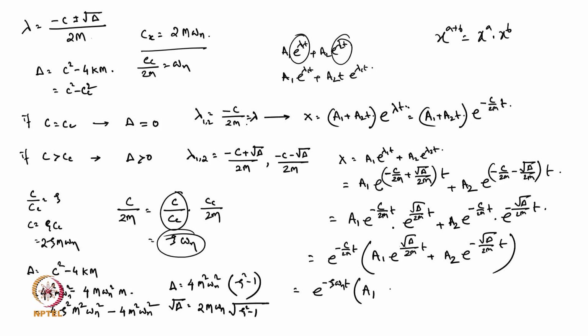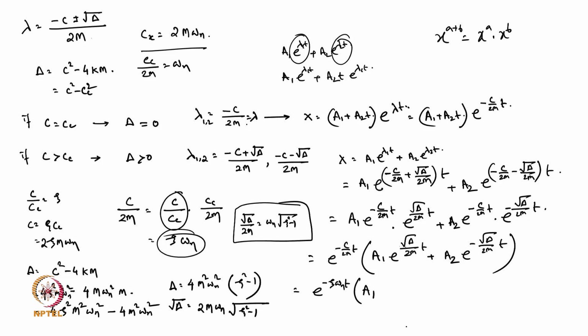So e to the power of, and here once we are substituting it, we can see that we are having root delta divided by 2m. So in this case, we can say this is omega n into root of xi square minus 1 only. Makes sense.